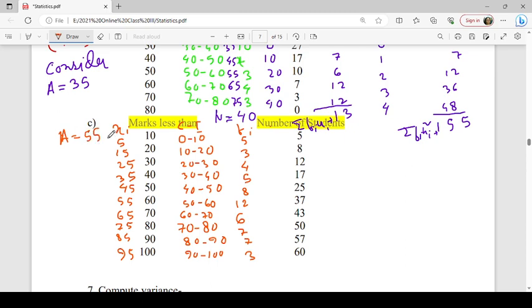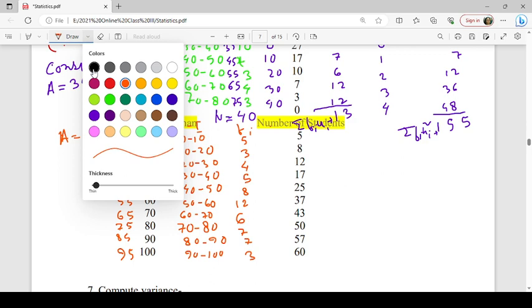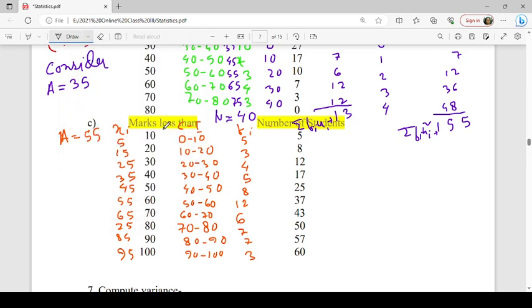Now x minus a, it is d. So suppose this is di.